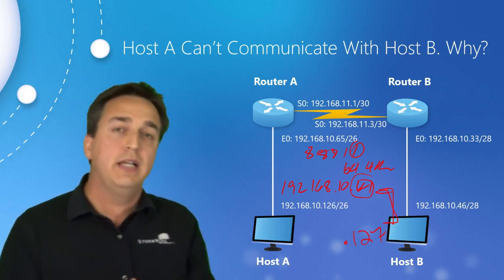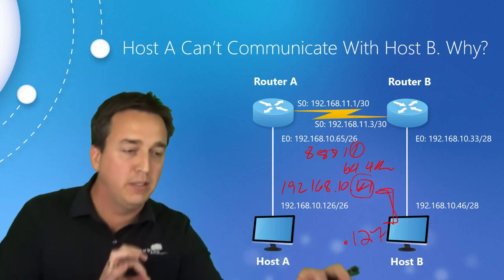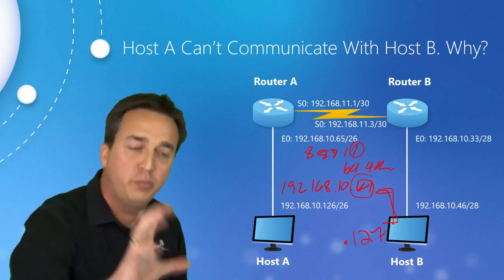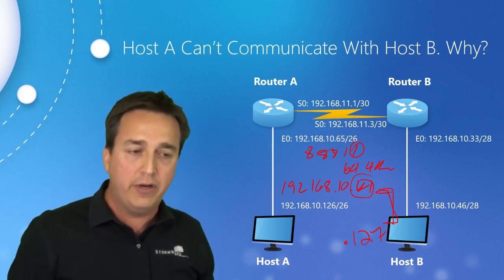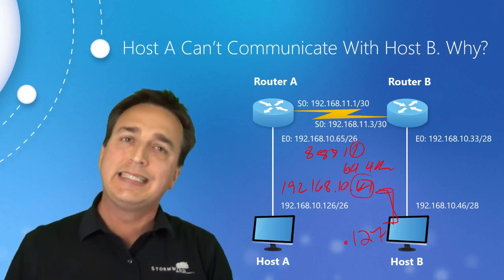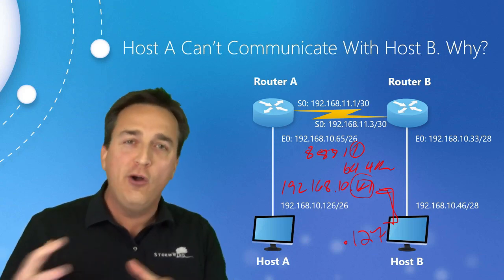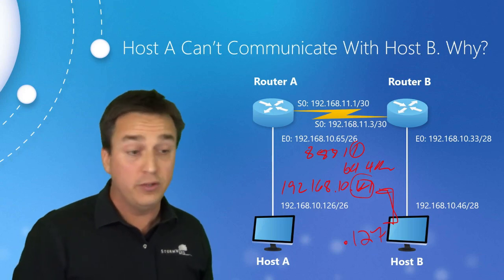So I'm trying to identify network IDs, directed broadcast addresses, and usable addresses within that range, so I can troubleshoot this scenario. These are subnetting skills that you need, but you don't get a calculator on the exam to do this for you.